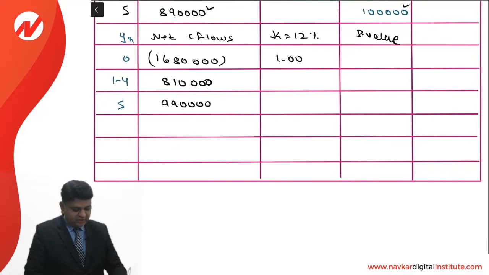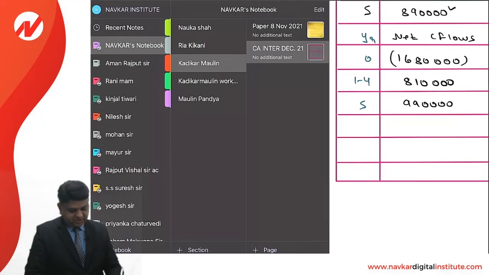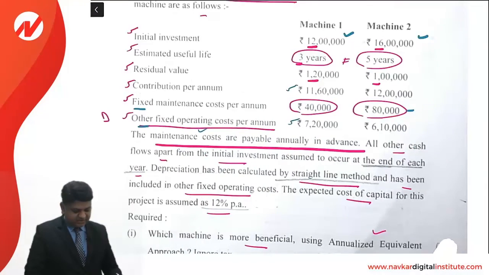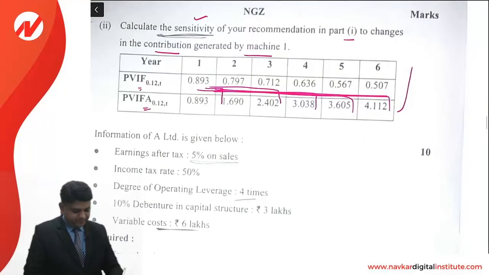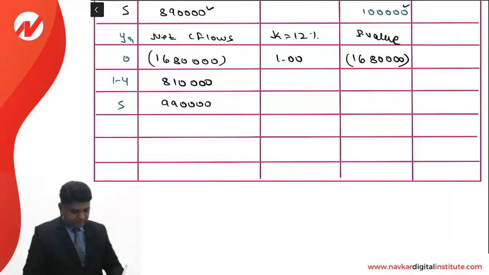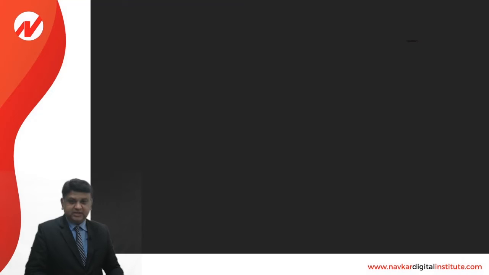For the year 0, it is again 16 lakh 80,000. That is of course not going to change. Now the annuity factor is given to us from end of year 1 to end of year 4. It is provided as 3.038. That is the discounting factor.